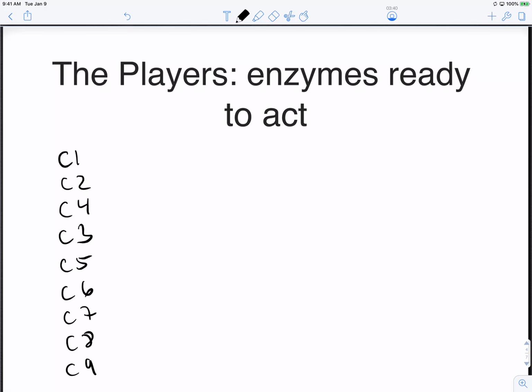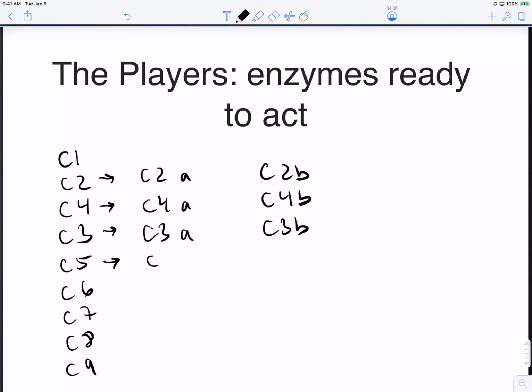And so just to put the name to the function, these complements are going to be activated, and when they get activated, they're enzymatically cleaved. And so the ones that get cleaved are C2, which will become C2a and C2b; C4, C4a and C4b; and the same thing with C3, C3a and C3b; and C5, C5a and C5b.